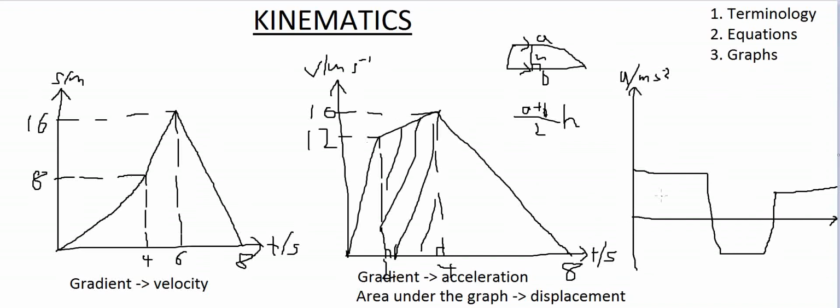These are horizontal and vertical lines, with values like 2 and negative 3. So this could be how an acceleration time graph looks.